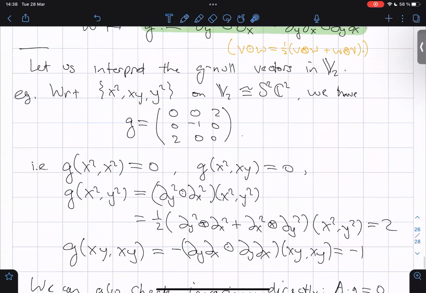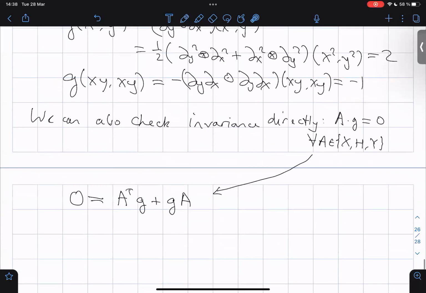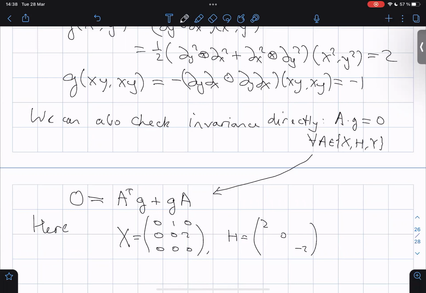So we're working in this basis as we have been doing before. So what are those matrices? Here, X is this, H is that, Y.